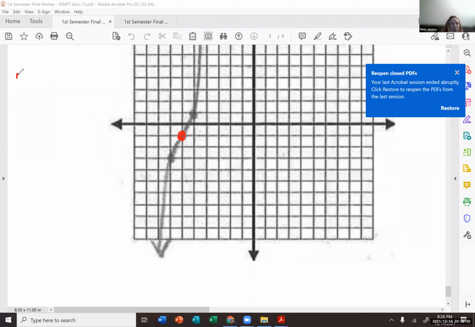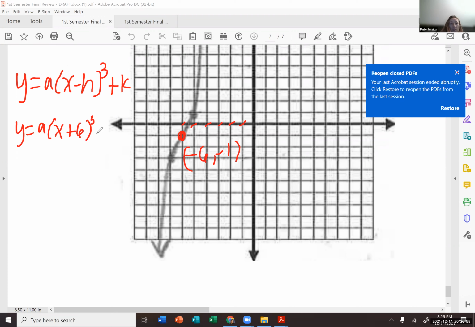So I'm going to have y equals a, x minus h to the third power plus k. And this point here is at negative 6 and negative 1. So I've got y equals a, x minus negative 6 will be plus 6, minus 1.